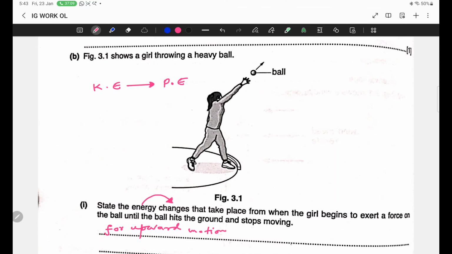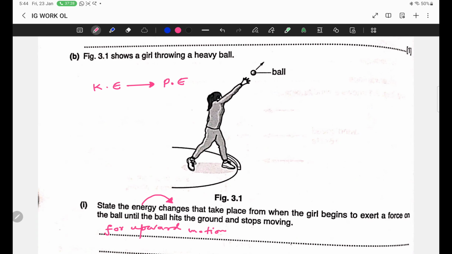I do not need to write which kind of energy is losing, which is gaining. You just have to express what the energy change is. So when the ball is moving upward, the kinetic energy is converting into potential energy.